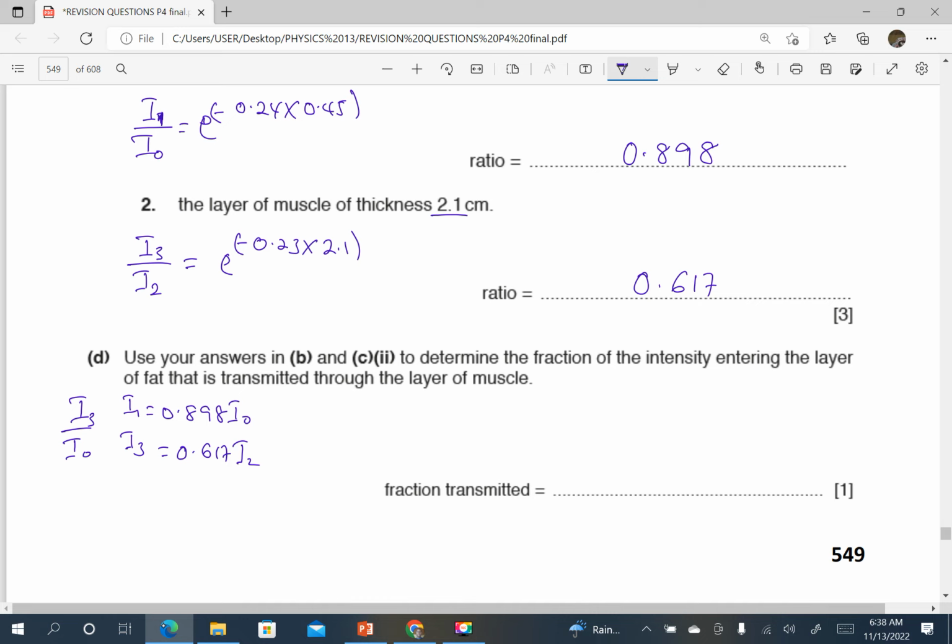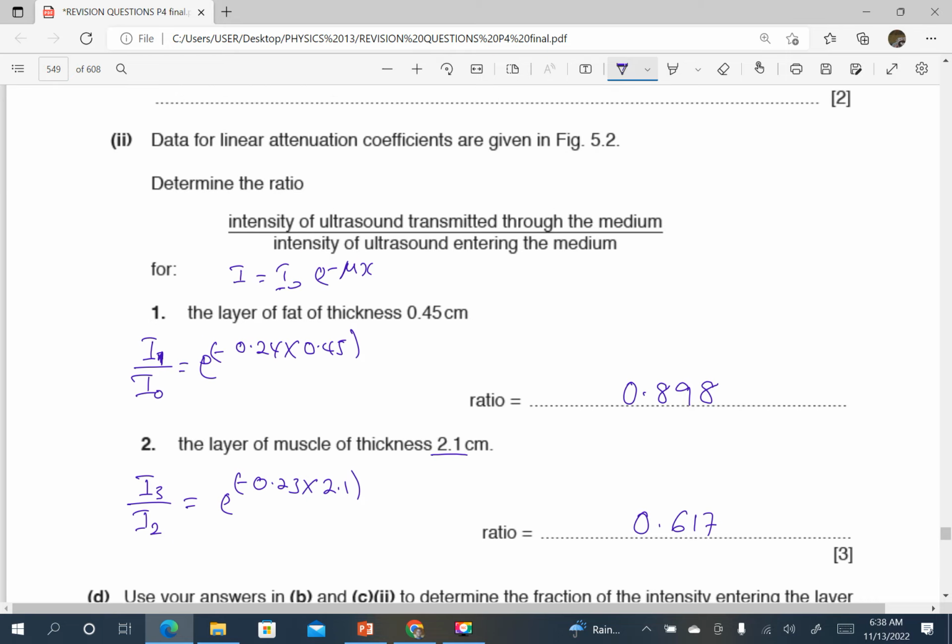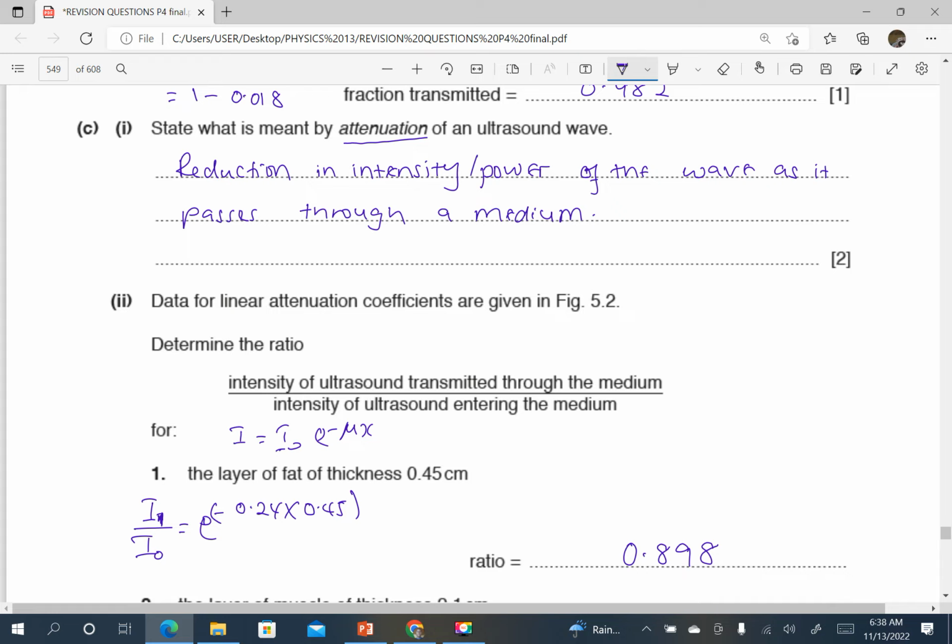But also remember at the boundary, we had that I2 over I1, that is intensity at the boundary. I2 over I1 is this one here.